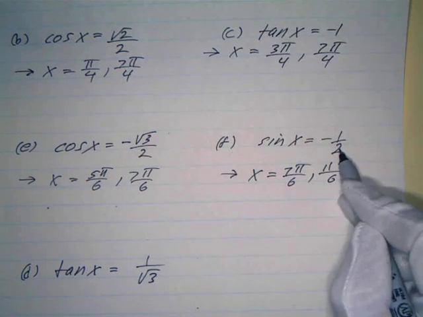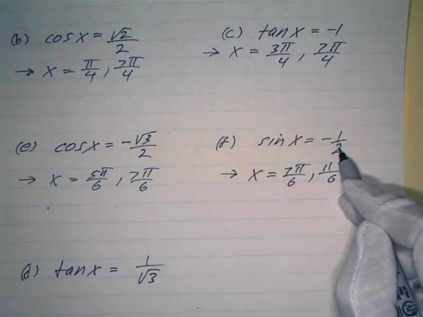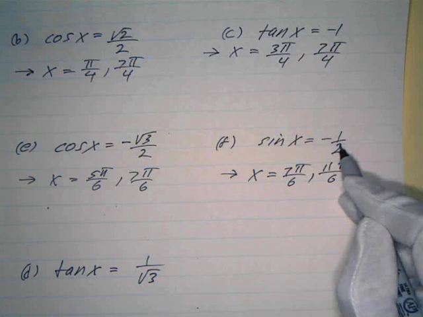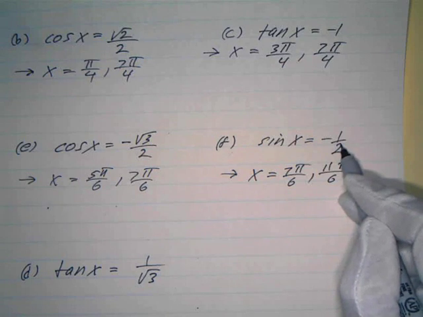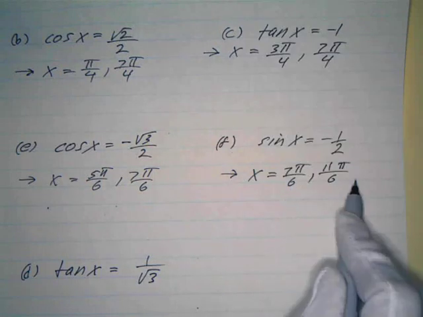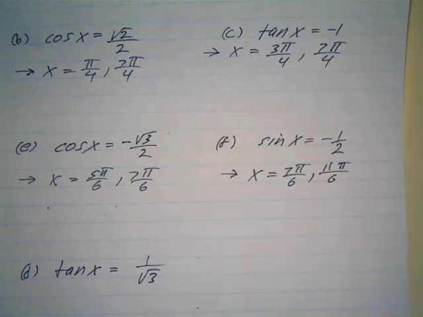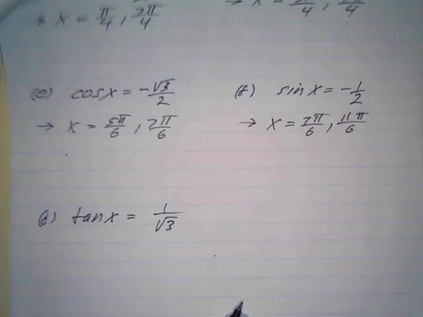So again, you have to know your basic first quadrant values. And again, we know the sine of pi over 6 is 1/2. But then once we're in these two quadrants over here, it shifts it around to 7 pi and 11 pi over 6.